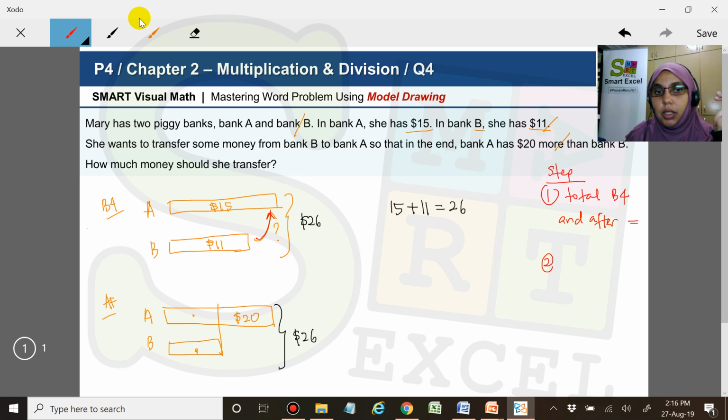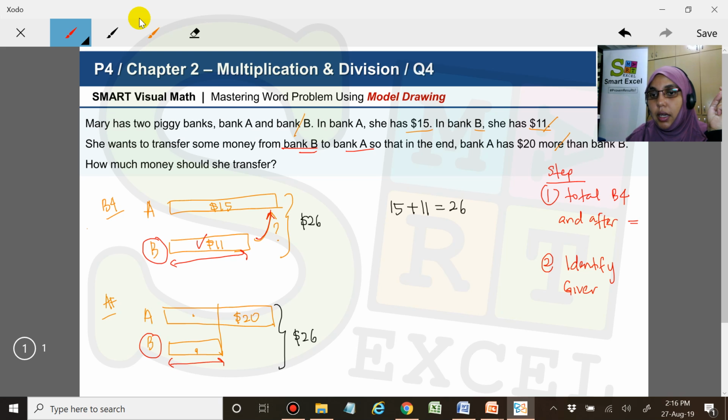The next one they need to identify is who is the giver. In this question, she wants to transfer from B to A, so the giver is B. They need to know B at first, which they already know, 11. They need to know B in the end, which they don't know, but they can find out. So we put here: identify giver.